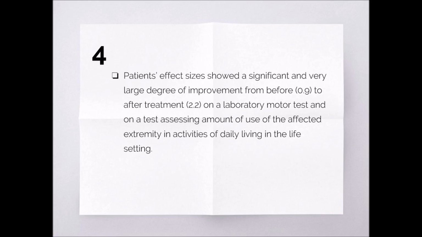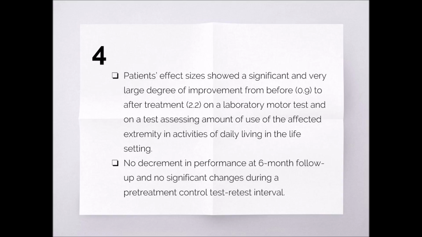The patients' effect sizes showed a significant and very large degree of improvement from before to after treatment on a laboratory motor test and a test assessing amount of use of the affected extremity and activities of daily living in the life setting. No decrement in performance at 6-month follow-up, and no significant changes during a pre-treatment control test-retest interval.